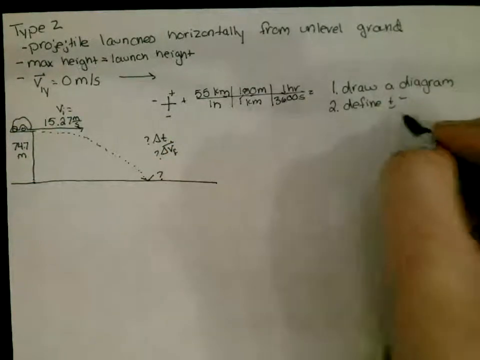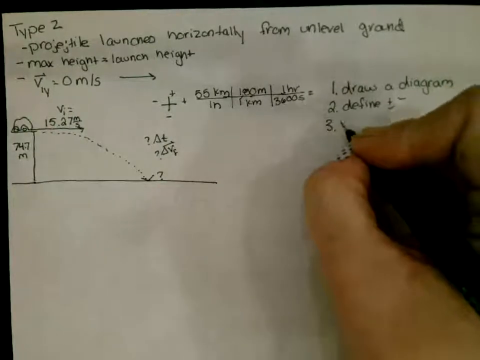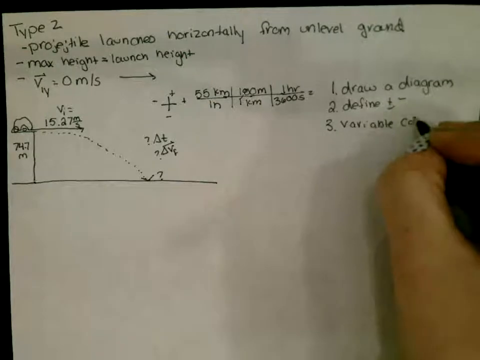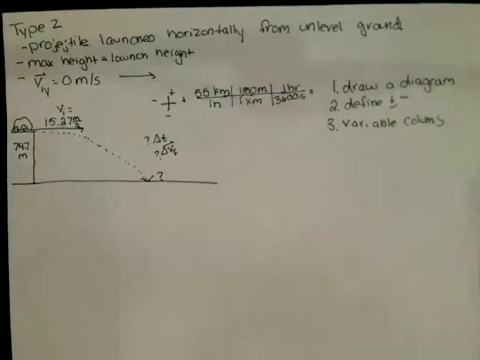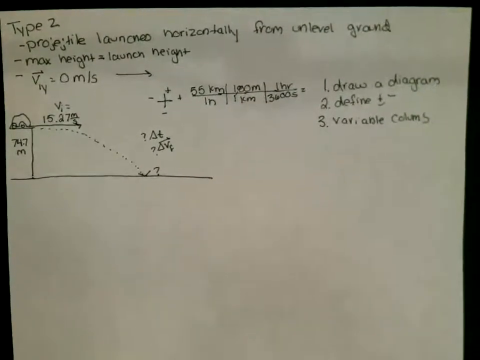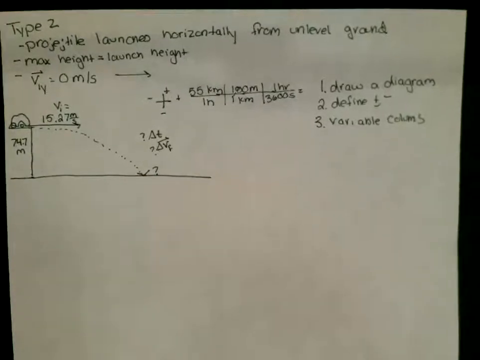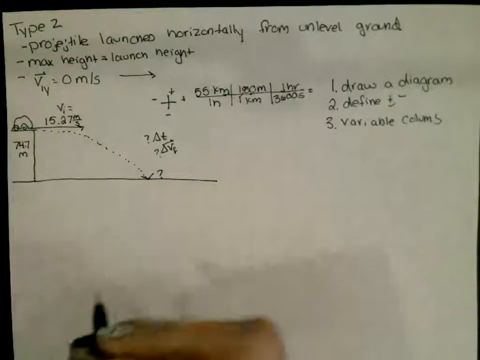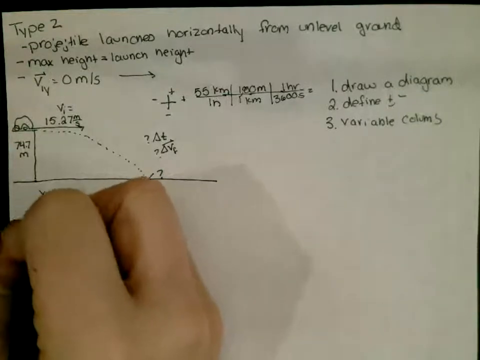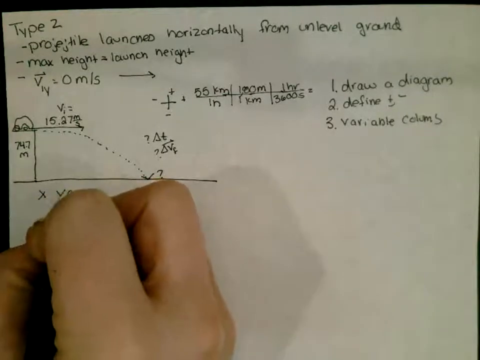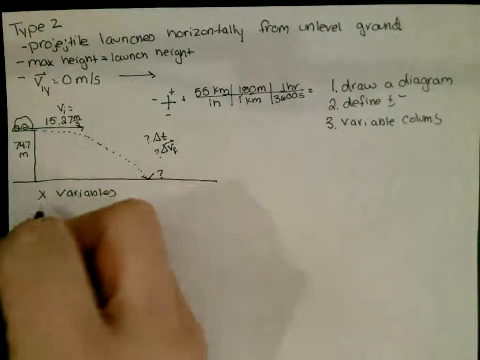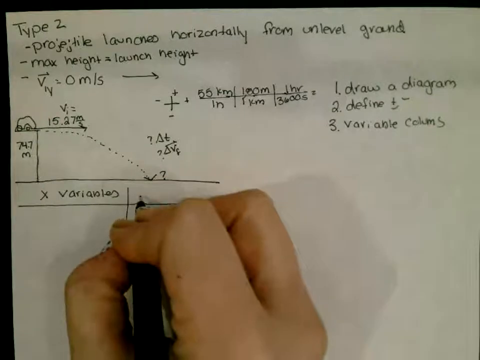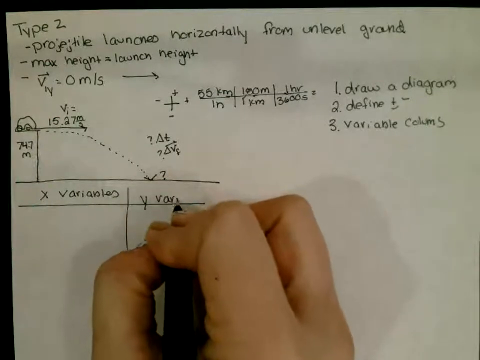After we define our positives and negatives, we want to make our variable columns. I'm going to try to focus this again really quick because it's bugging me. All right, so I have my x variables chunk, chunk, and my y variables.